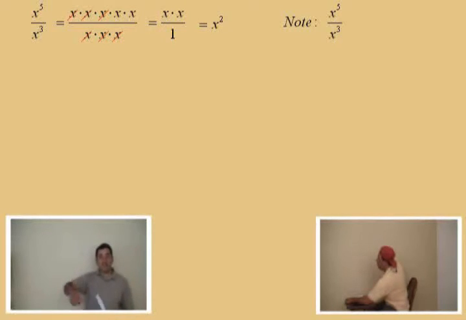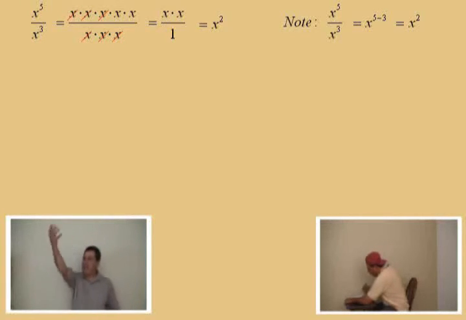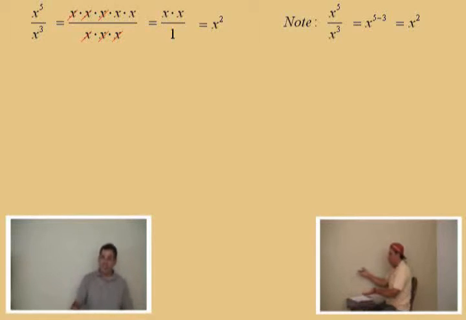Subtract. Okay, the rule says to subtract. And that makes sense because you get x to the 5 minus 3 power, which is x squared. So that's using the rule, subtracting exponents. But if you have 5 x's on top and 3 x's on the bottom, you're left with 2 x's on the top. And we simply write that as x squared over 1.